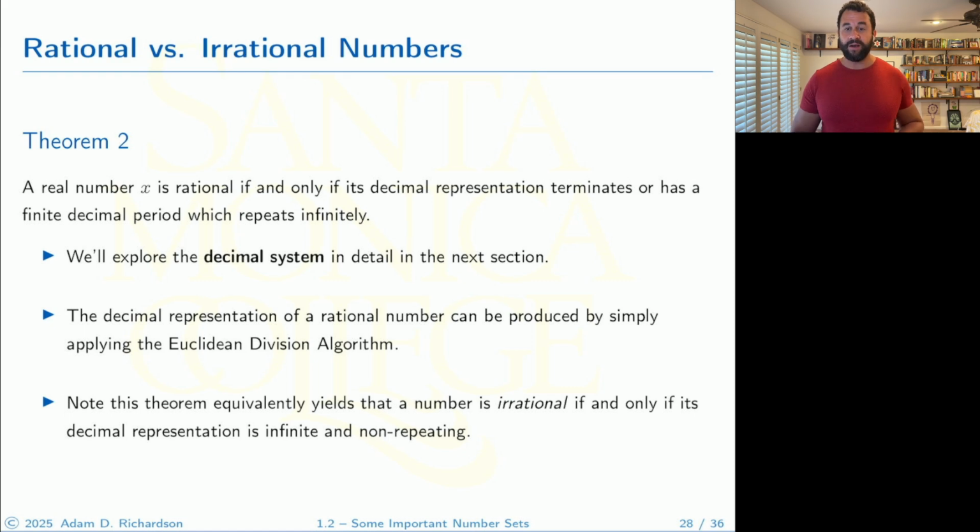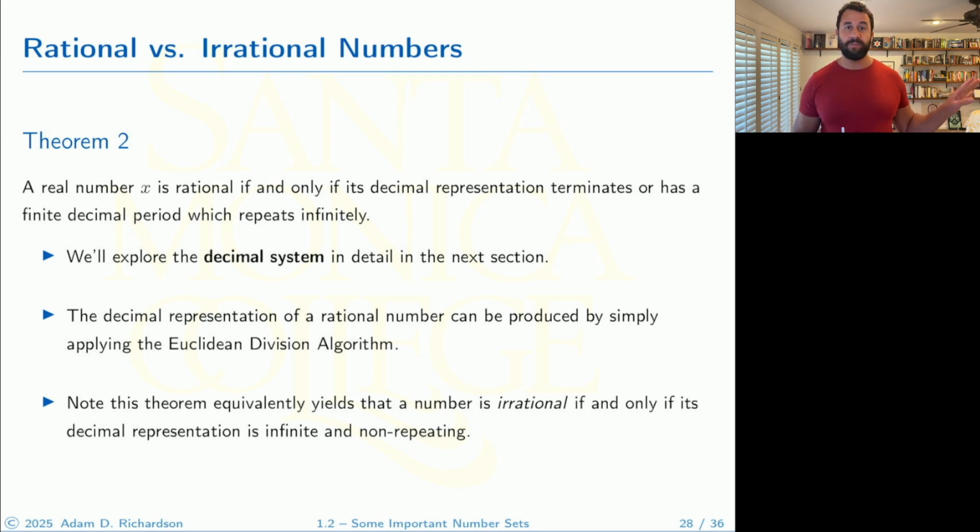Now, this theorem equivalently yields that a number is irrational if and only if its decimal representation is infinite and not repeating. So every irrational number has an infinite decimal representation. That doesn't mean the number is infinity. That just means if you tried to write the number in decimal form, you're going to need infinitely many digits to do it.